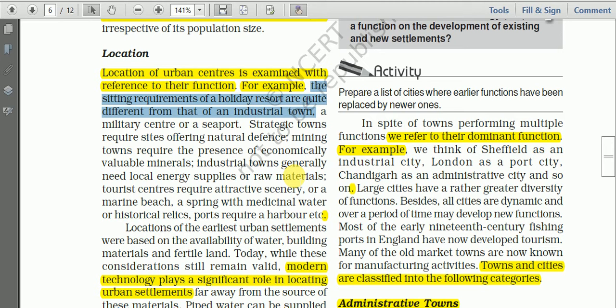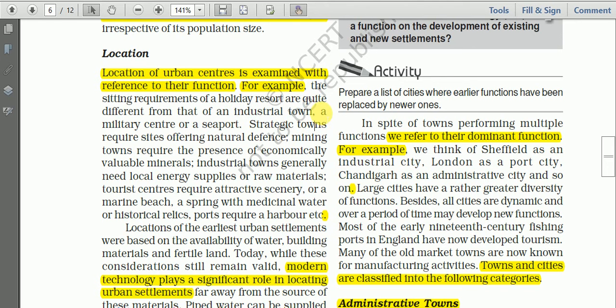You know that for the holiday resort we need a hill station, a place of scenic beauty, for example for the hill resort. And likewise for the industrial town, we need availability of raw materials, mineral resources required for the industrial town.